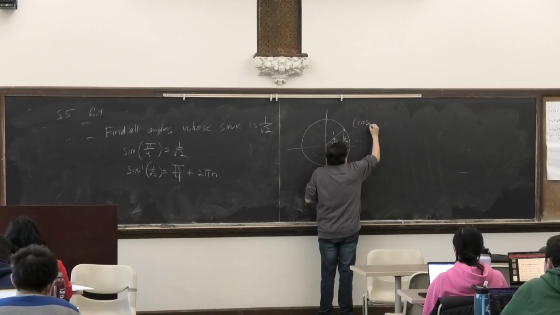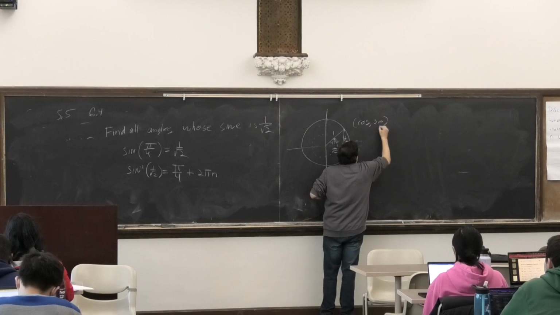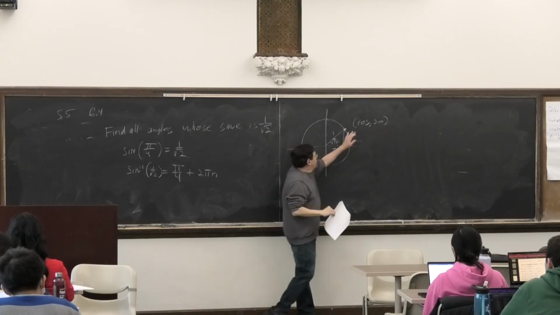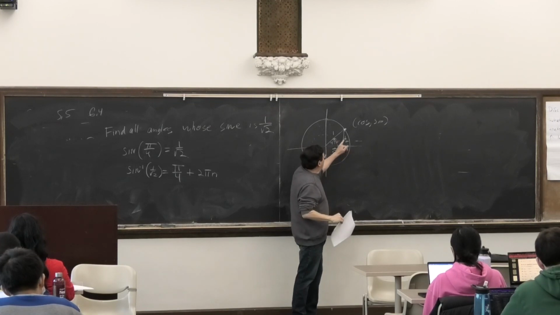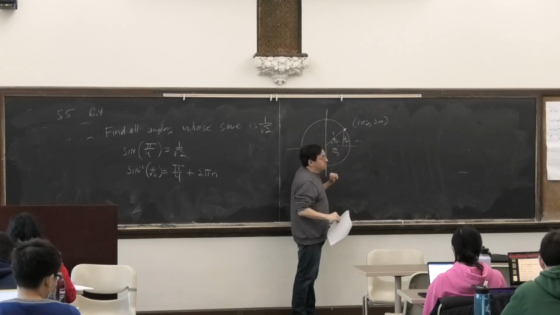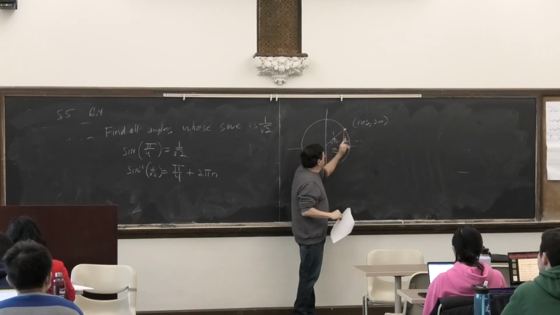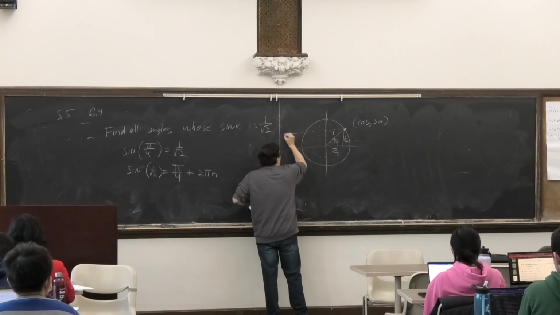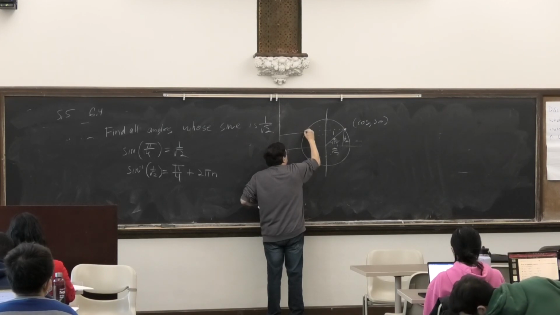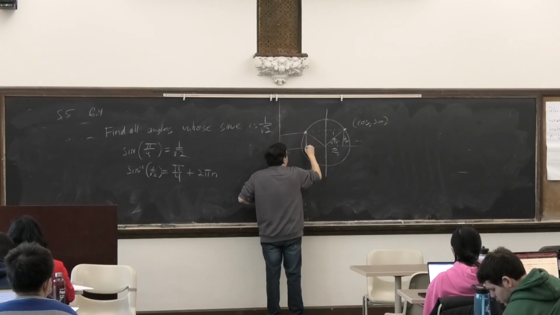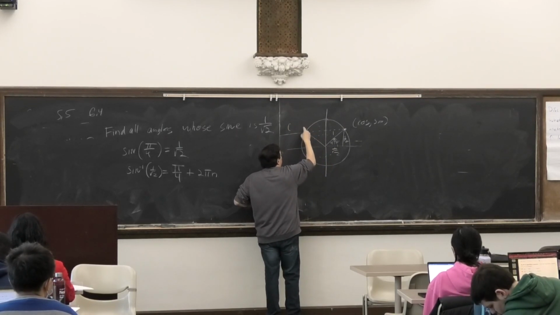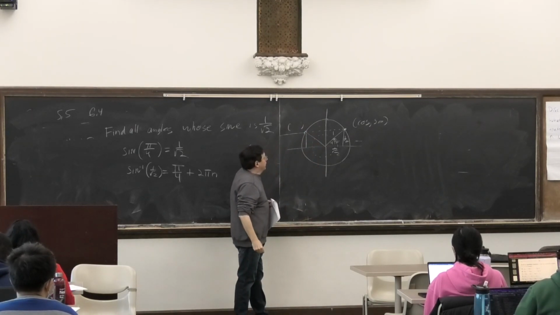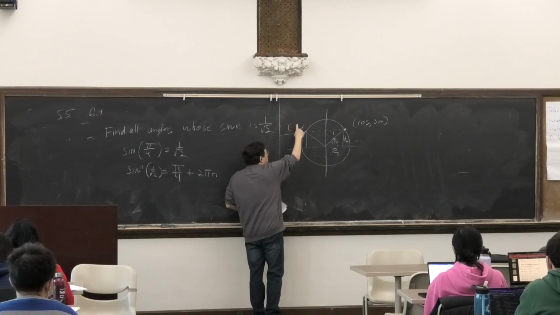Recall that the sine is the y value of this coordinate. Well, if you draw a horizontal line, you can see that this point over here is going to have the same sine.